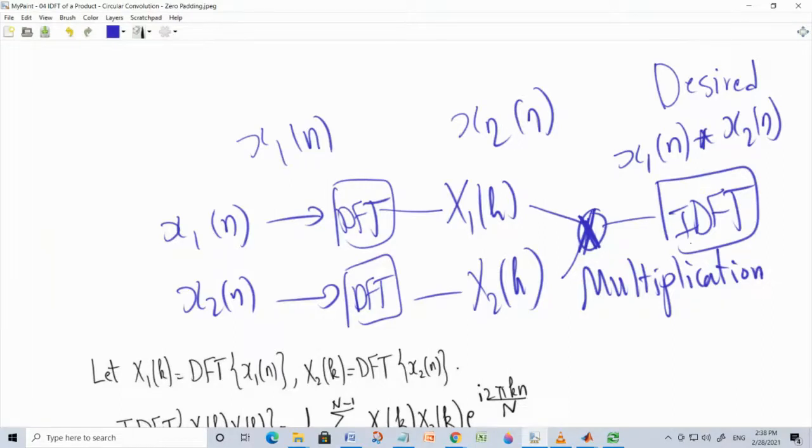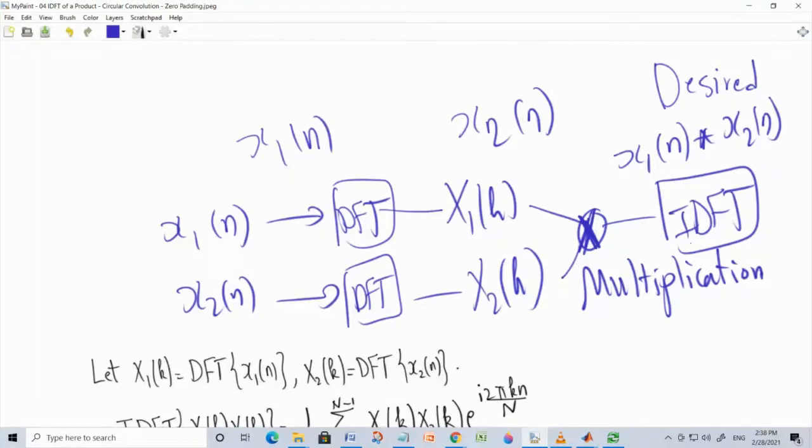You multiply, and if you do the inverse Fourier transform, you get convolution. This is one of the powers of Fourier analysis: rather than doing convolutions, if you operate in the frequency domain, you just do products, and whenever needed, you do the inverse Fourier transform to get the convolution in the time domain.